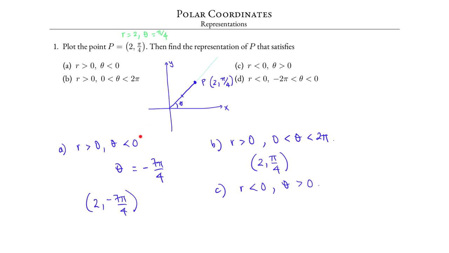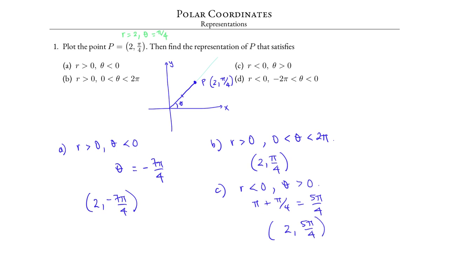But to get to this point in quadrant 3, we would need to add pi to this angle. Pi plus pi over 4 is 5 pi over 4. Thus, the point we end up with is (2, 5 pi over 4).